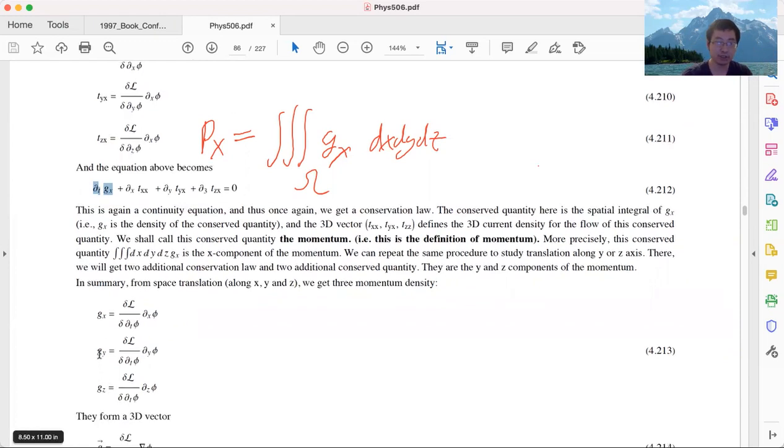If we do that, we get exactly the same structure, exactly the same conservation. We get a gy, gz. So gy is the momentum density for the y component of momentum. It's very similar to gx, except that the partial x now becomes partial y. gz is the momentum density for the z component of the momentum.